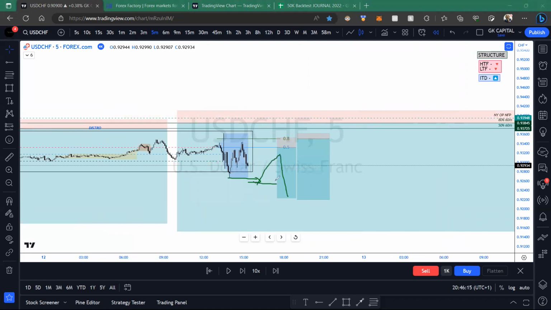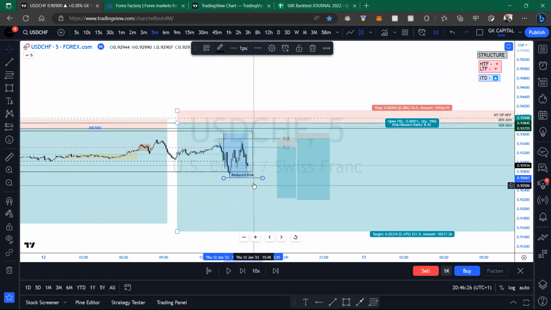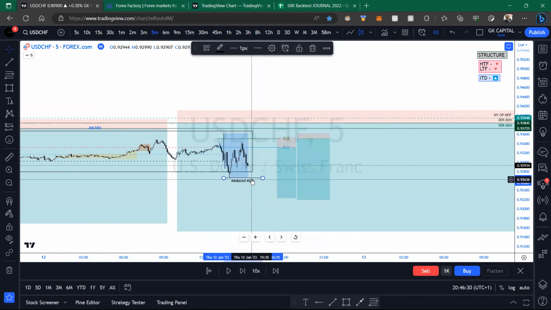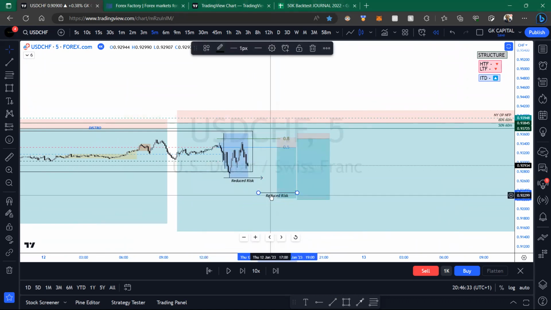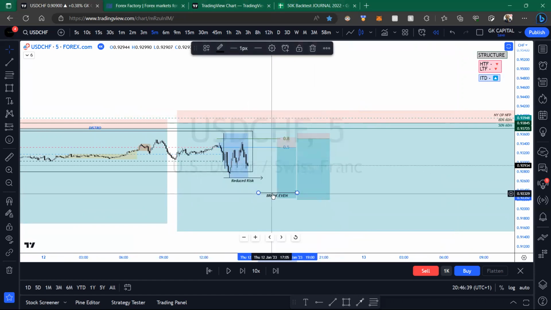The next leg down, I'll be going to break even. So we've got reduce risk here, and then the next market cycle down, we go to break even. Break even. Now just wait for that one.